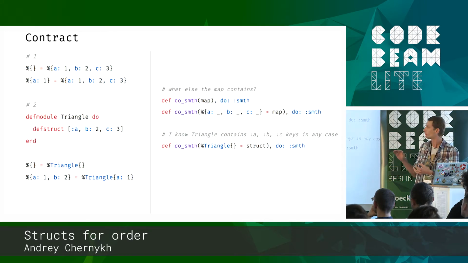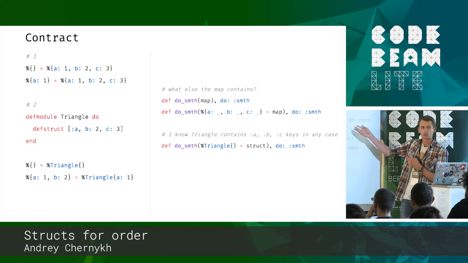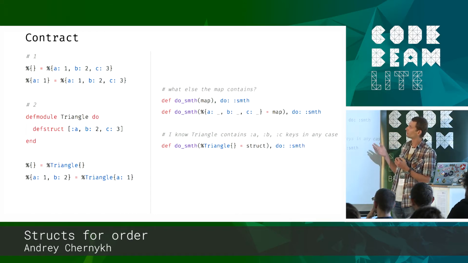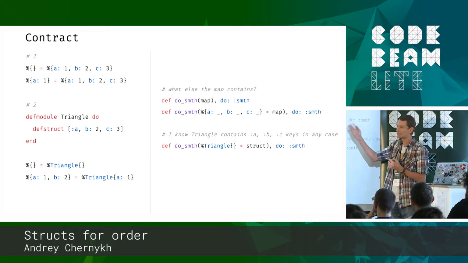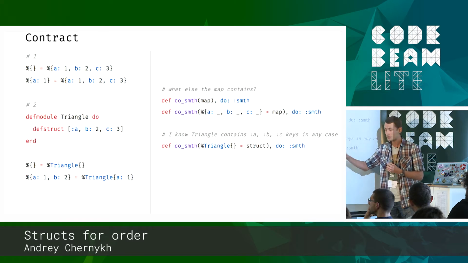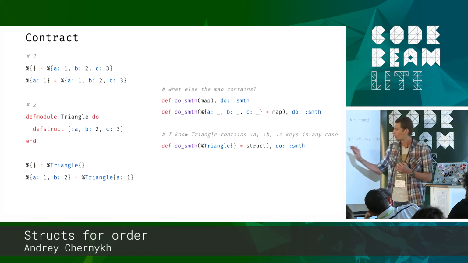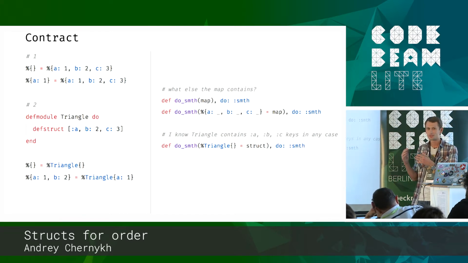What's the actual difference? When we take a map into the function and look into this code, we cannot see with confidence what else this map contains, how this particular function and this map are connected. And see how, just taking a look into this function's definition with pattern matching on a struct, we know how they are linked.